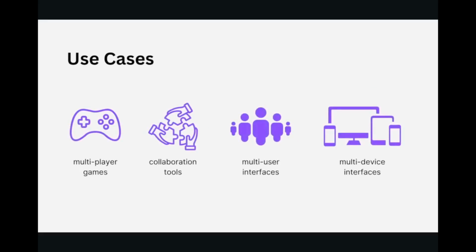So I think all these things together really make certain use cases much easier, like multiplayer games and collaboration tools, whether it's graphic design, music, anything where multiple users are accessing the same state and hitting the same data. Especially, I think people don't realize sometimes that when you have multiple devices, you're in a multiplayer situation.